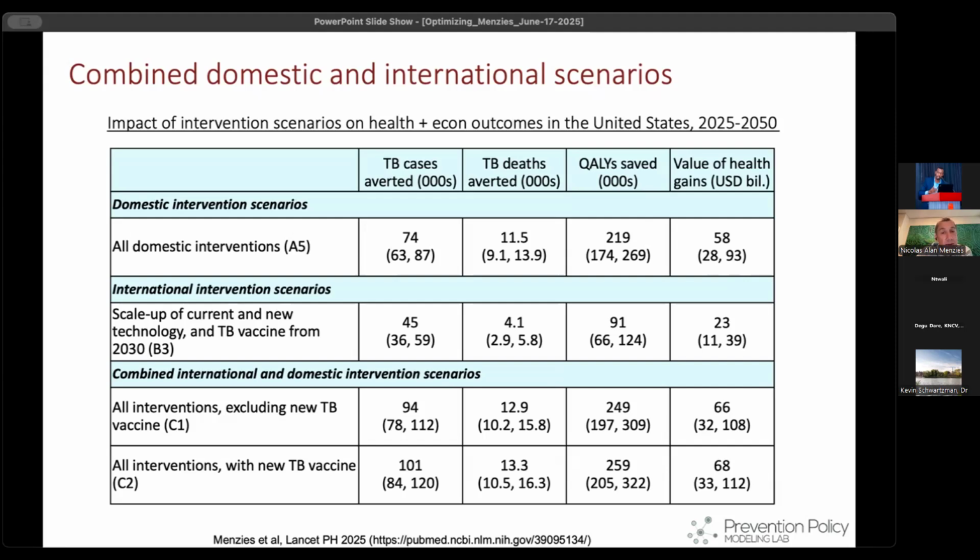So what are we doing here? Here, I'm making the point that while it is useful to have TB elimination as a goal, it shouldn't be the only goal. There's a lot of health benefits and resulting economic benefits that accrue from stronger TB prevention and efforts to combat TB, even if it is still chancy whether we would achieve TB elimination.